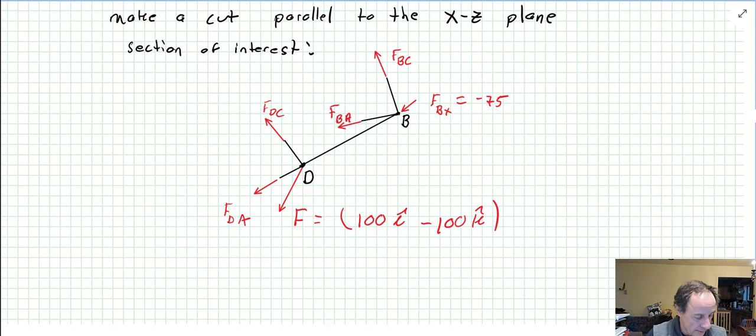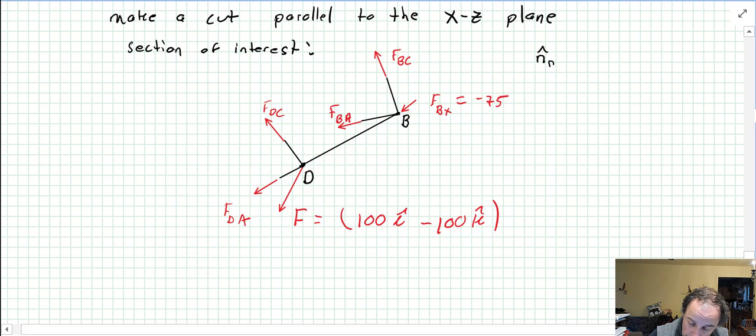All right, so we need to find some unit vectors because we have to express these forces as vectors. So we're going to find a bunch of unit vectors.